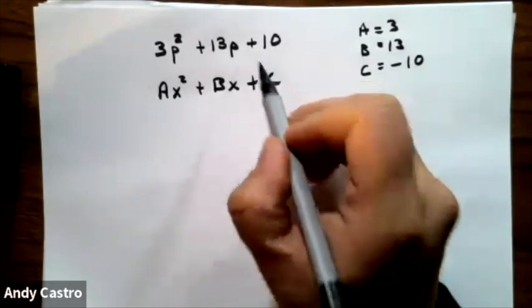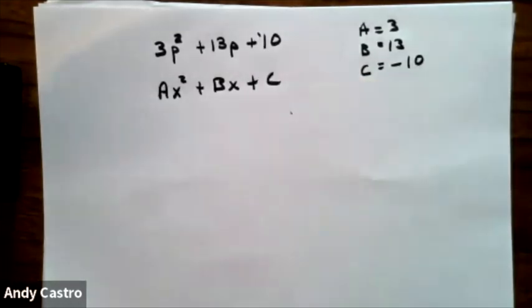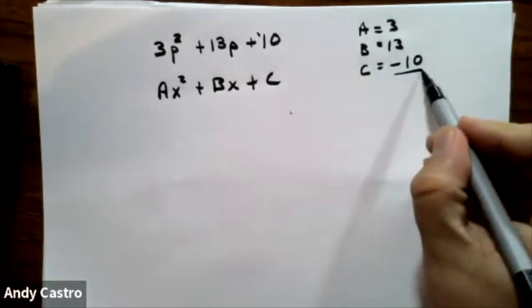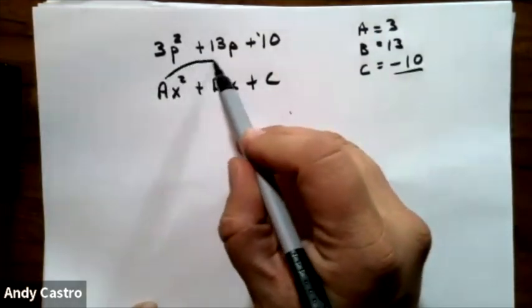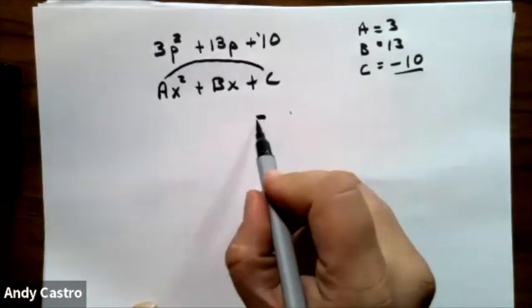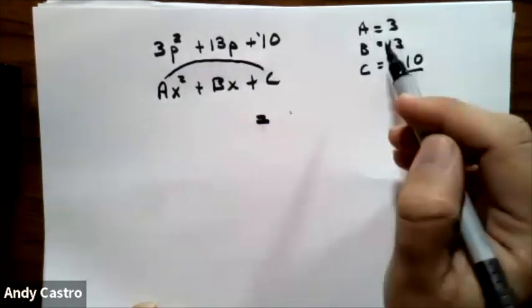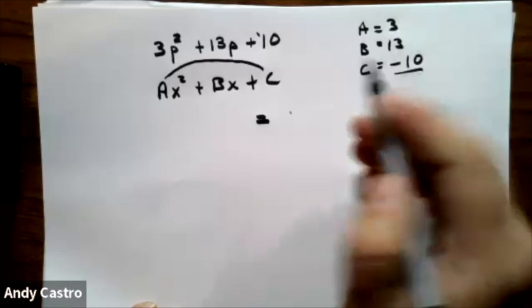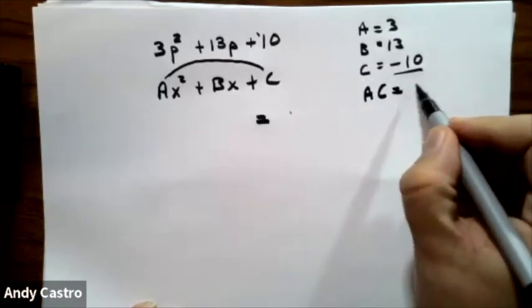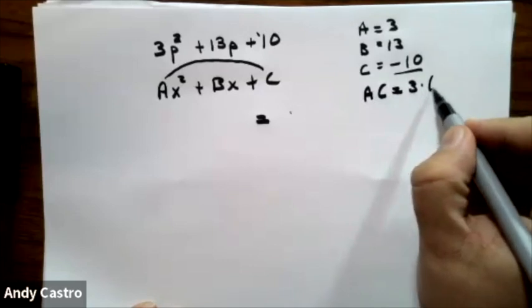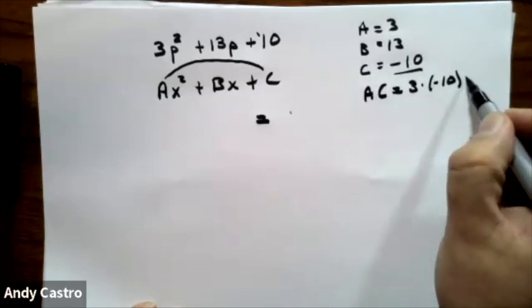I can just as easily change this to a plus if I make that a negative, plus a negative 10. So negative 10 is my coefficient. All right, so remember the first thing we're doing is a times c. So a times c is going to be 3 times negative 10, and that's going to give us negative 30.